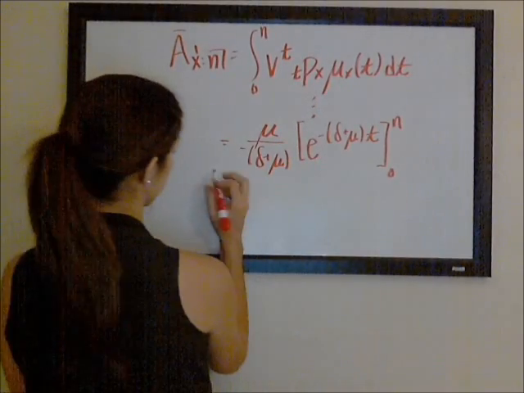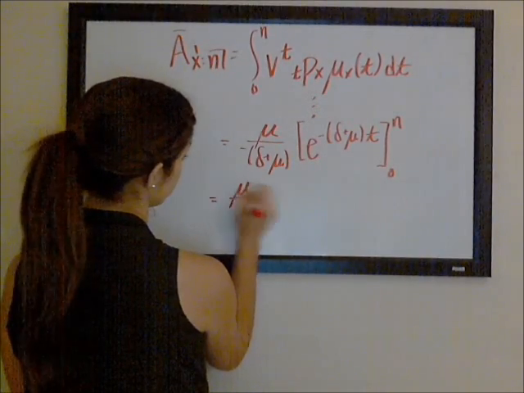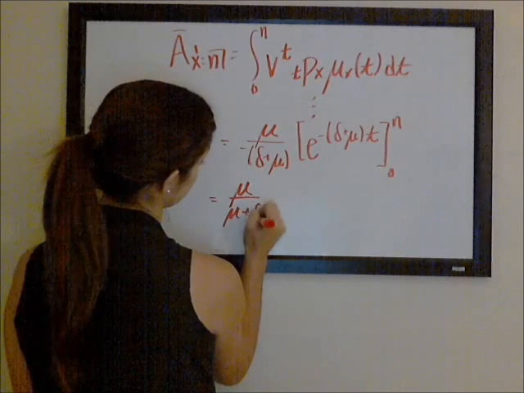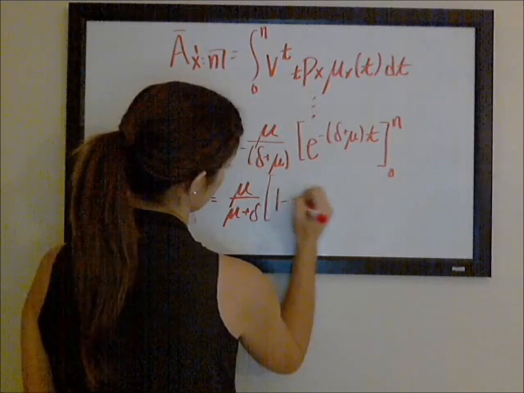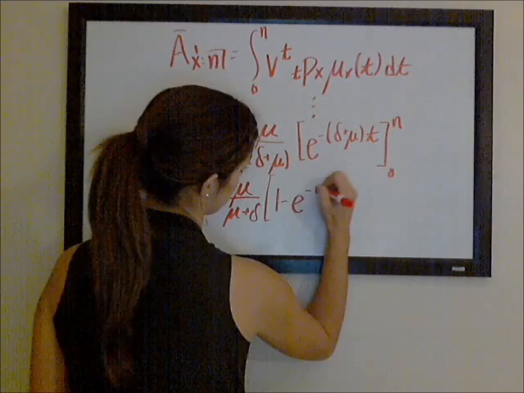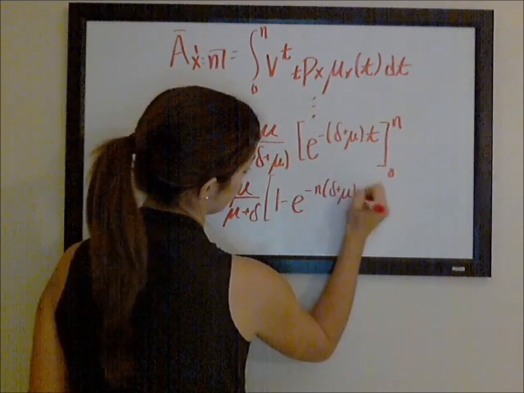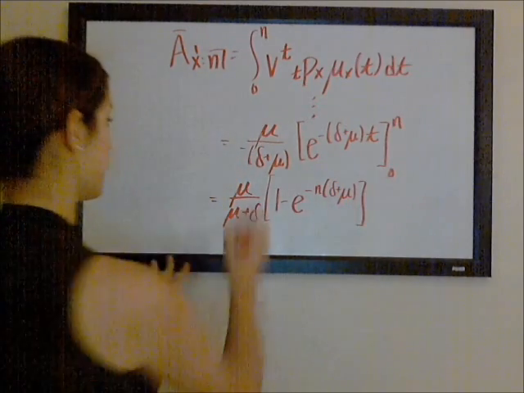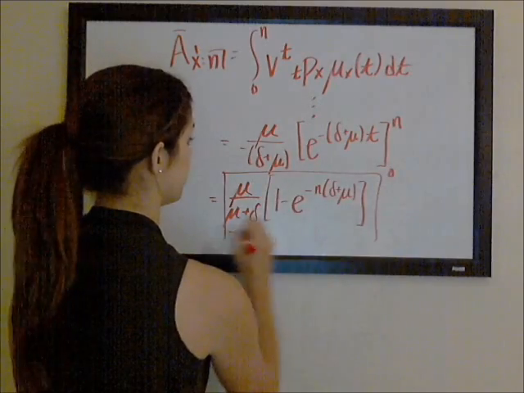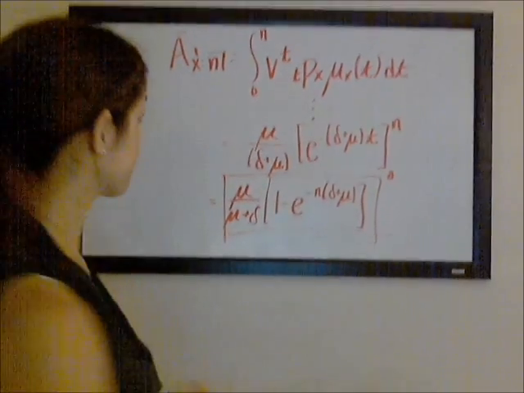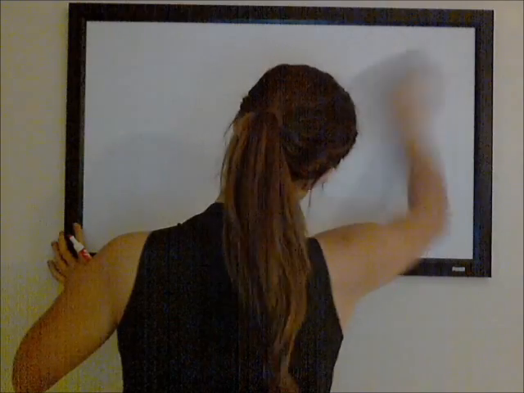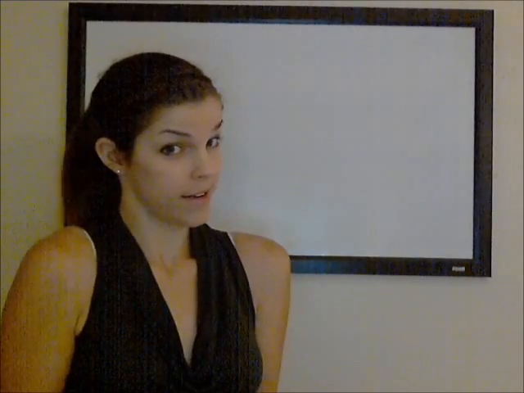Your final formula here is mu over mu plus delta times 1 minus e to the negative n times (mu plus delta). That's for term insurance. I'm hoping this is useful for you too, because if you are memorizing those, now you should understand where they come from. That way if you forget it on the exam, you can come up with it again, hopefully quickly.